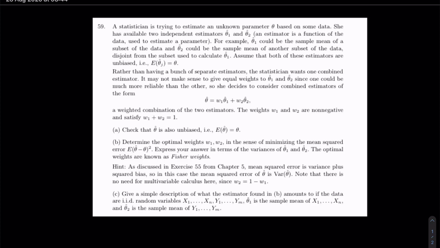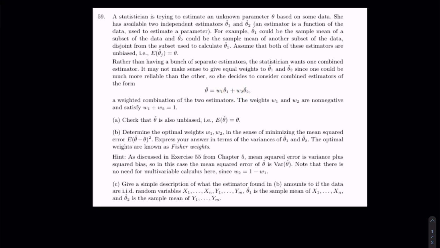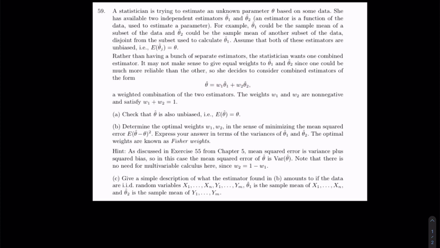Okay, so rather than having a bunch of separate estimators, the statistician wants to combine these. One possible combination is to sum them up, but give them some weight of interest. And this weight is non-negative and sums to 1.